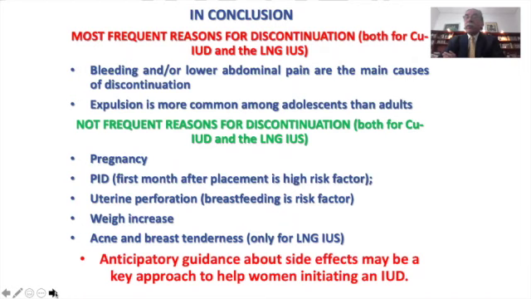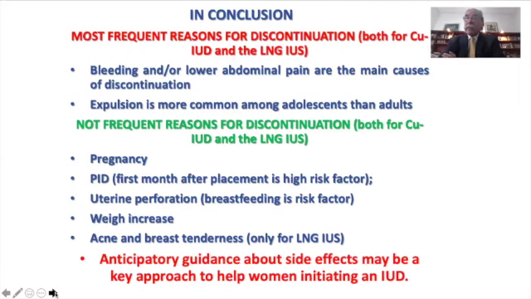In conclusion, the most frequent reason for discontinuation, both for copper IUD and the levonorgestrel IUS, is bleeding and or lower abdominal pain. Expulsion is more common among adolescents than adults. Not frequent reasons for discontinuation, both for copper IUD and levonorgestrel IUS, are pregnancy, PID, where the first month after placement is a high risk factor, uterine perforation, where breastfeeding is a risk factor, weight increase is unlikely, acne and breast tenderness only for levonorgestrel IUS is unlikely.